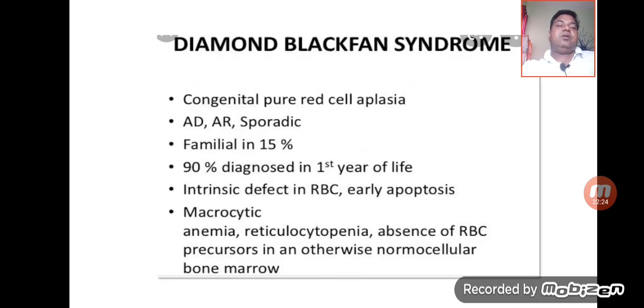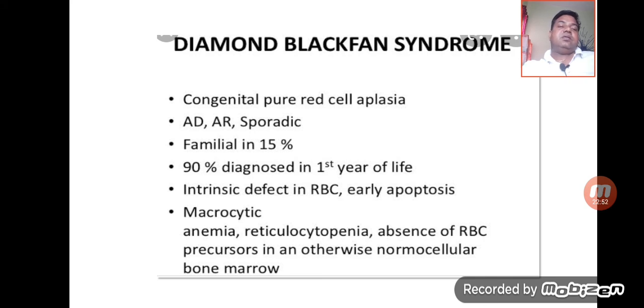Now coming to Diamond-Blackfan syndrome, which is a congenital pure red cell aplasia. It may present as autosomal dominant, autosomal recessive, or sporadic, and a familial case is seen in around 15% of cases. 90% are diagnosed in the first year of life.